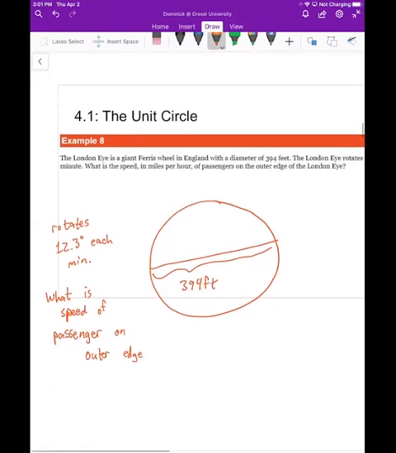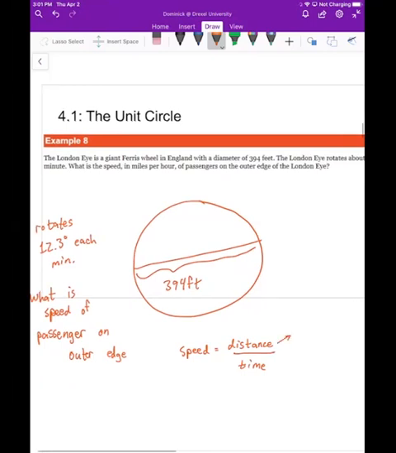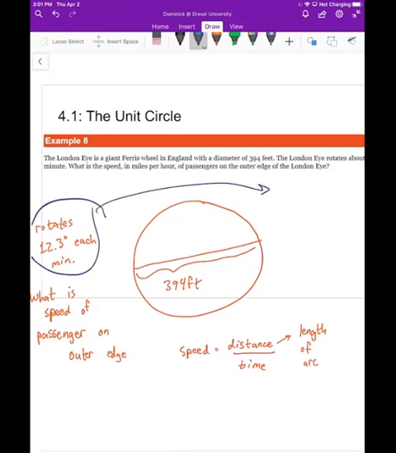Right, well, how do you get the speed of something? The speed is equal to the distance over time. Now, in order to come up with this distance, we need to find the length of the arc per this rotation. So we're going to use this 12.3 degrees each minute, and we're going to find how much that is in feet per minute.